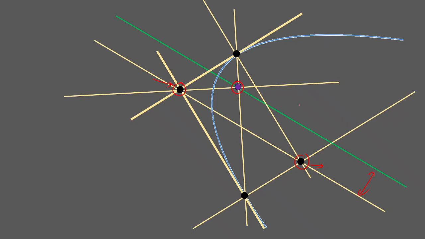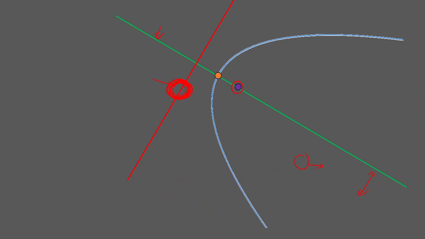This is the axis. And once you have the axis, then you have the vertex also. And since this point lies on the directrix, the directrix is also perpendicular to this green line, the axis, and you have figured out everything.